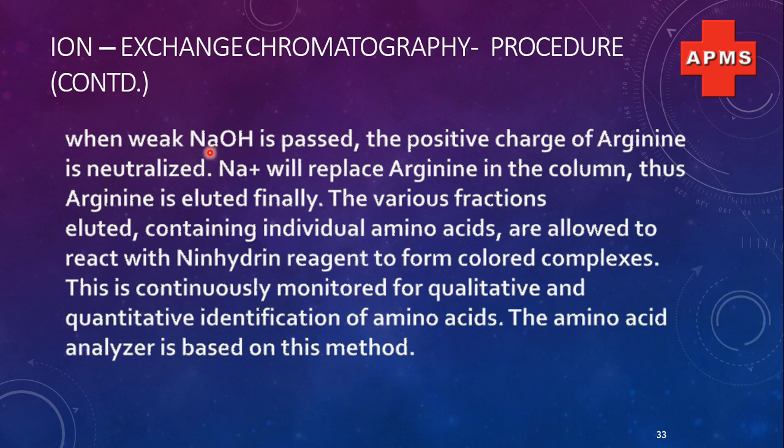And this Na plus ion, which is present in NaOH, this Na plus cation will replace arginine in the column. Means in place of arginine, the sodium ion is retained at the stationary phase surface, because we know that the stationary phase here is negative.